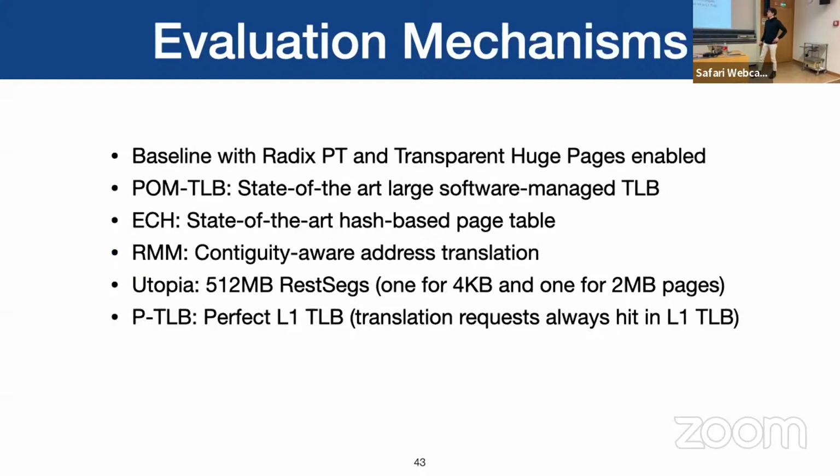Okay, so the mechanisms that were evaluated are, apart from the radix page tables with huge pages enabled, so that we can compare this with the huge page mechanisms too: the POM-TLB, which is a software-managed TLB model; elastic cuckoo hashing, which is a state-of-the-art hash-based page table; redundant memory mappings, which is also a very state-of-the-art contiguity-aware address translation mechanism; and Utopia with 512 megabytes of restrictive segments, with restrictive segments for 4 KB and 2 MB page sizes.